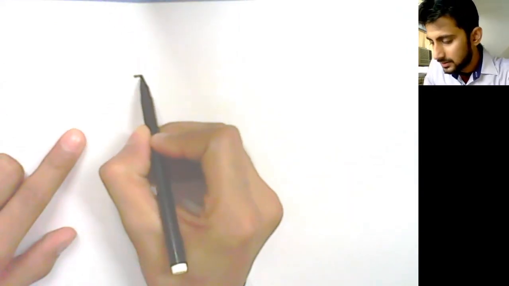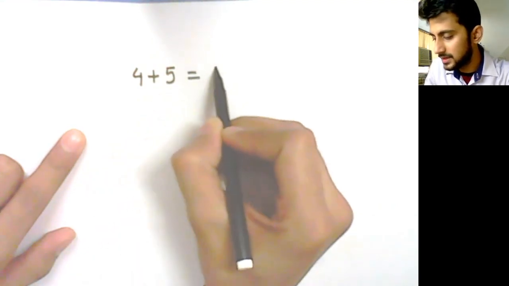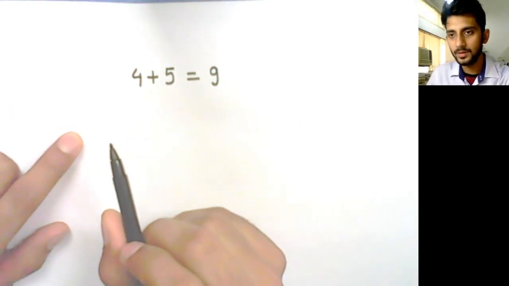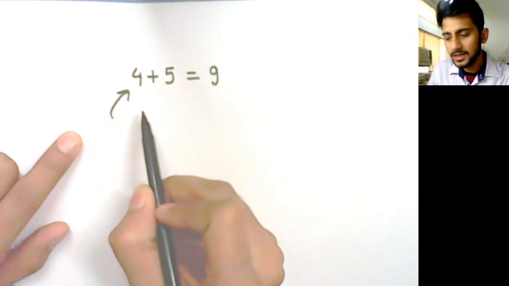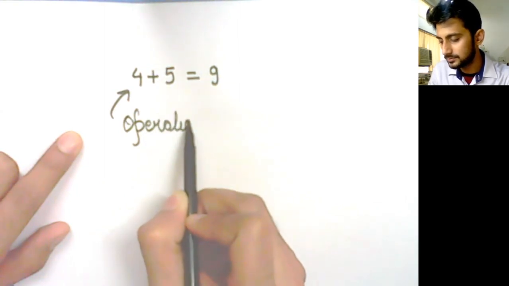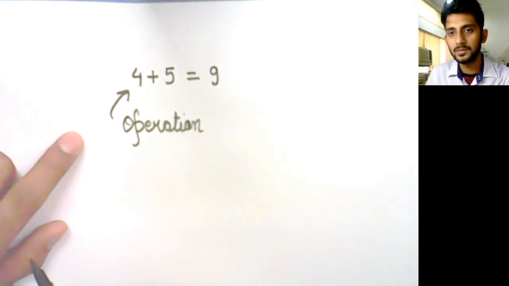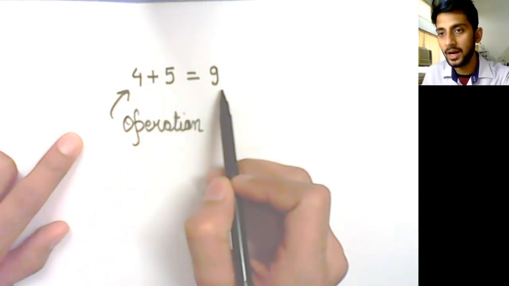For example, I write an equation 4 plus 5 is equals to 9. Then this type of an equation actually represents what is called an operation. Something has happened between 4 and 5 that we are getting an answer 9.